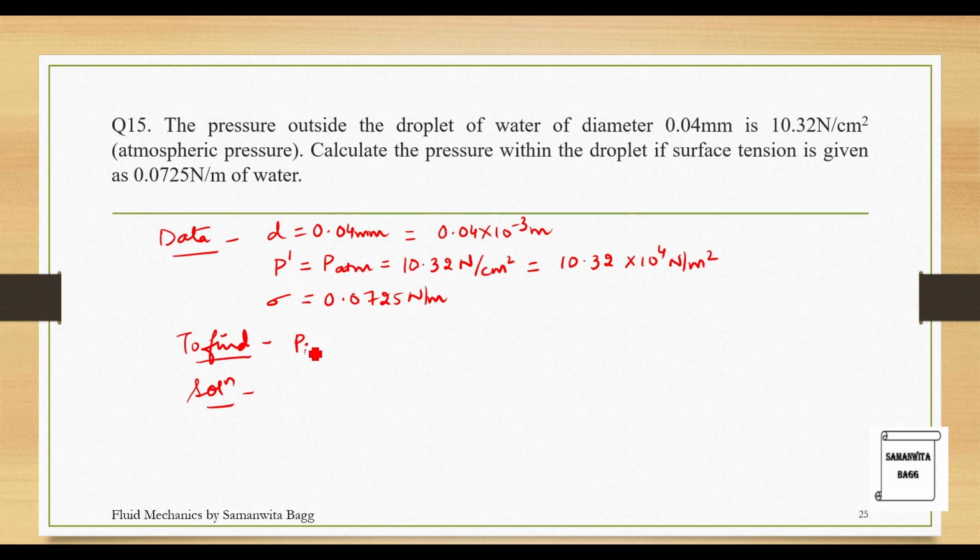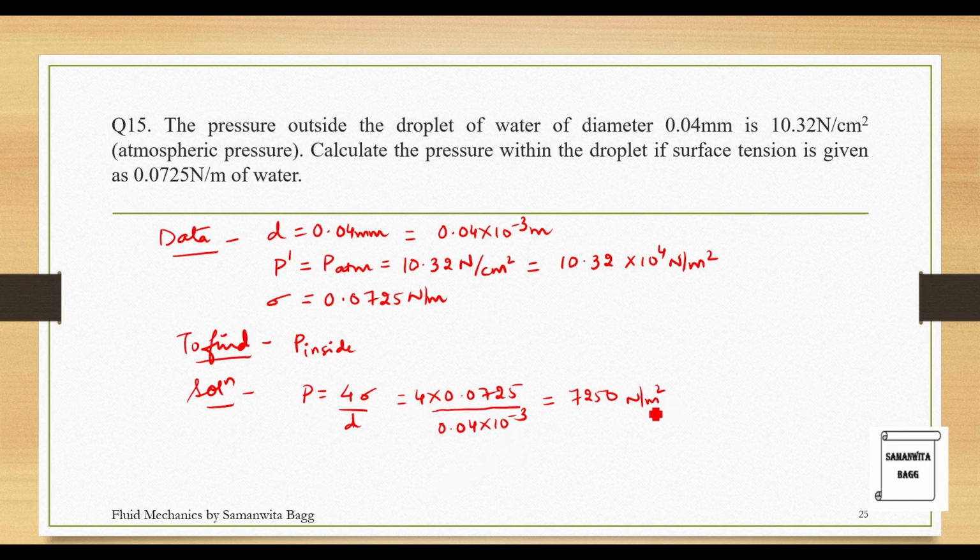Okay, so let's write this as P inside, because the value of pressure inside will be actually the formula which we use, that is excess pressure value plus atmospheric. So this is going to be P formula and it is a droplet. So this will be 4 sigma by D. Here I can solve because I know the value of sigma and D. So this becomes 4 into 0.0725 divided by 0.04 into 10 raised to minus 3. When you substitute, you will get this value as 7250 Newton per meter square.